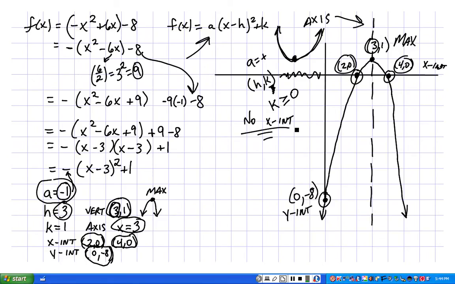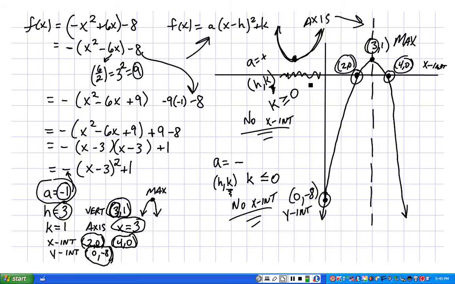Now, on the other hand, if A is negative, negative 1 or negative 6, whatever, and k is less than or equal to 0, once again there won't be an x-intercept.